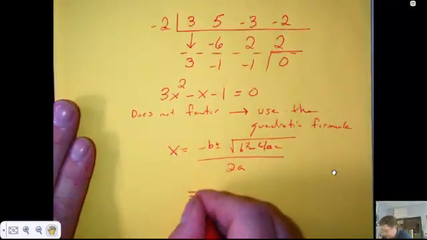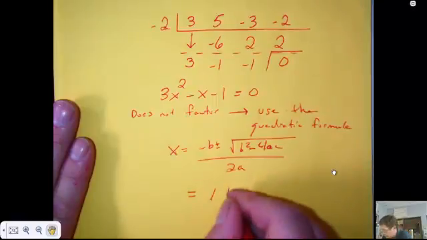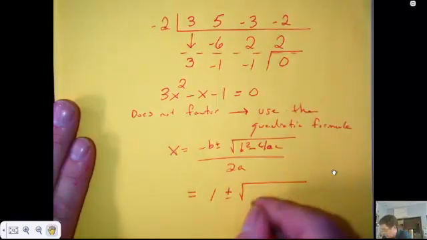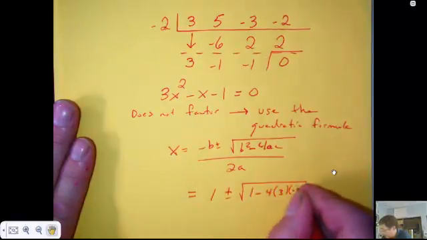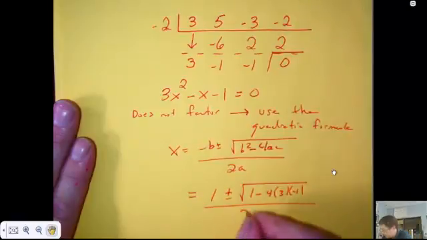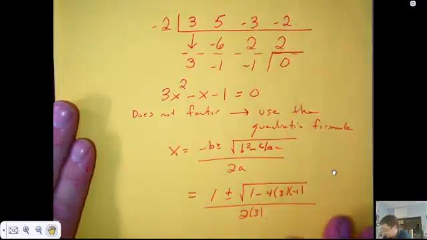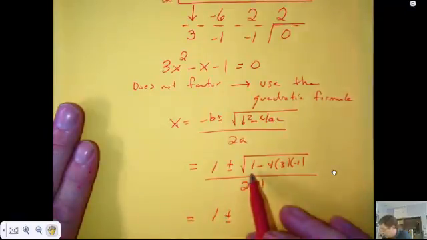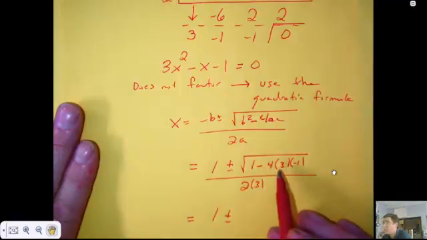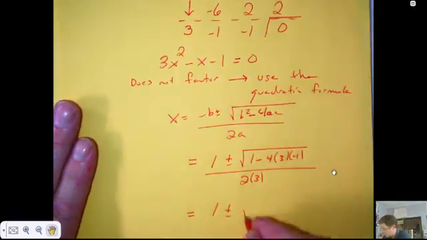So, alright, what's negative b? Opposite of b would be 1. And then negative 1 squared is still 1, minus 4ac. So I get 1 plus or minus the square root of, and this actually is 1 plus 12, that would be the square root of 13, over 6.